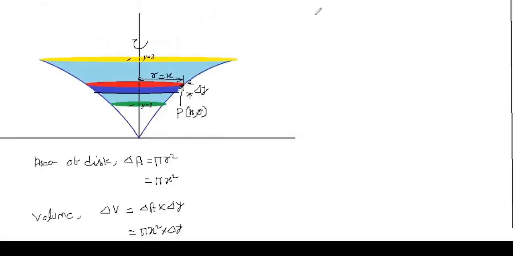So finally, we can say the volume of the entire solid V becomes the integral from 1 to 3 of delta V. Now, in delta V, we have delta y, but when we convert the smaller region like delta y into the integral, we need to replace it by dy.